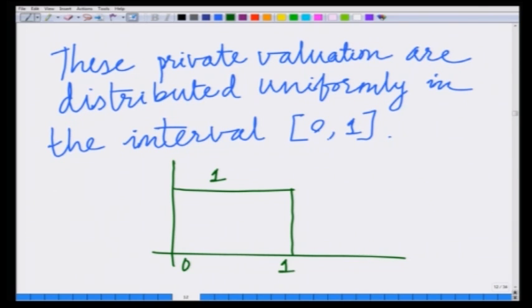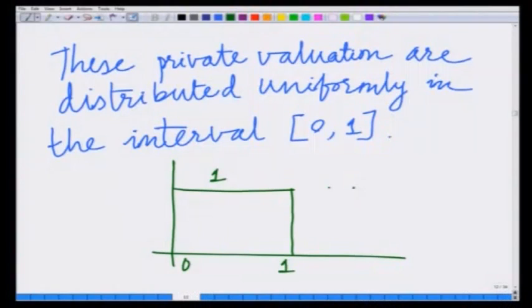We have already seen an example of a random variable distributed uniformly in the interval 0 to 1, and now we are using it to characterize the valuations V1 and V2.